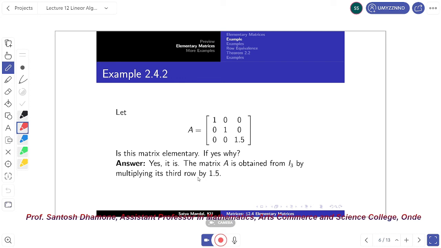Next example: let A be the matrix [0 0 1; 0 1 0; 1 0 0].